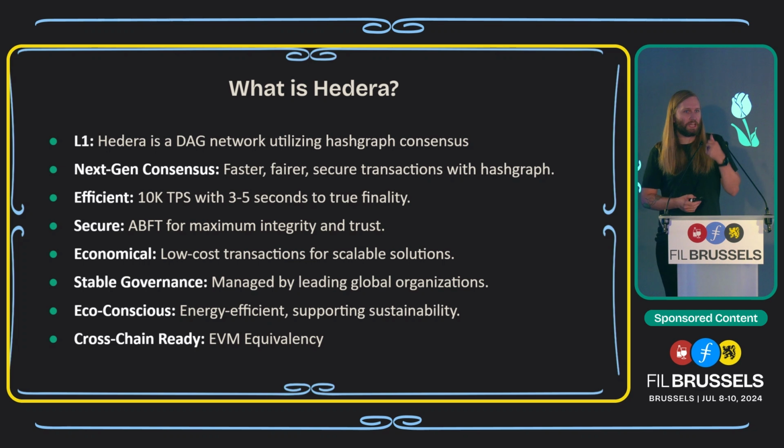And then stable governance. This is probably one of the biggest benefits of Hedera for real-world assets: our governance model has 33 right now global organizations like Google, Ubisoft, and they're all over the globe. And so there's 33 different corporations that already fundamentally understand the problems of tokenizing in different jurisdictions across the globe.